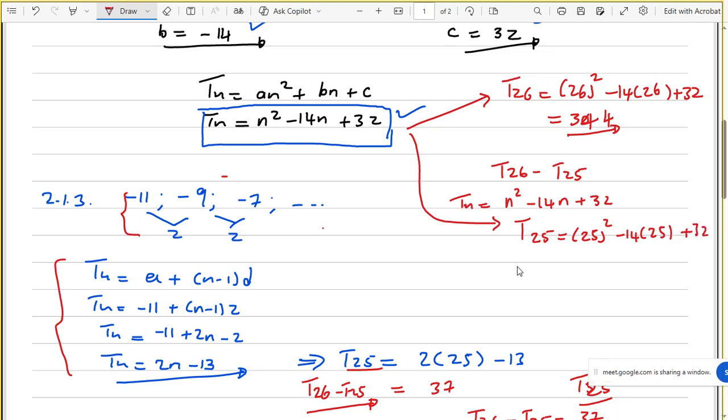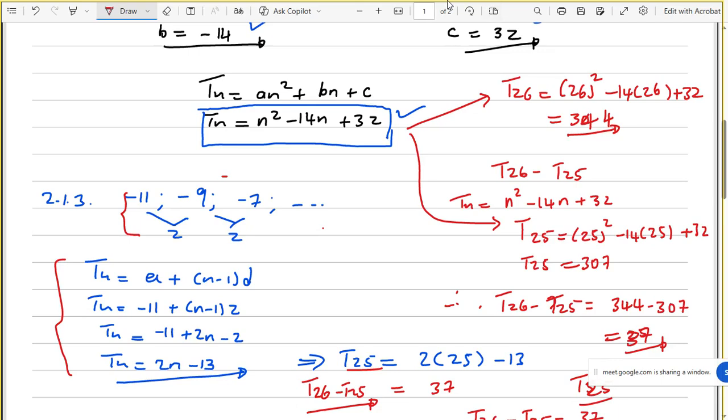What do you get? 307. Then they want the difference. Therefore, T26 minus T25, which is 344 minus 307, will give you 37. Which is the same. It's fine. It's up to you which method you prefer.